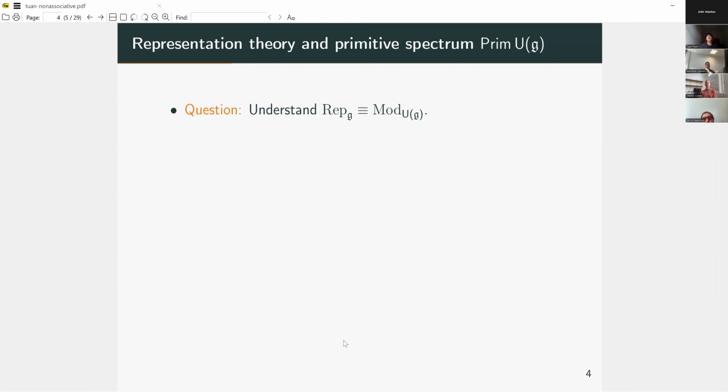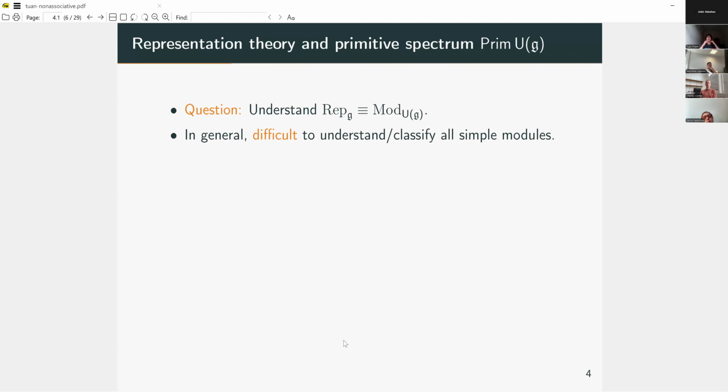I'm coming from a ring theory perspective, so I don't work a lot with non-associative algebras; instead we turn it into an associative algebra U(g). Studying the representation theory of g is the same as studying modules over the universal enveloping algebra.